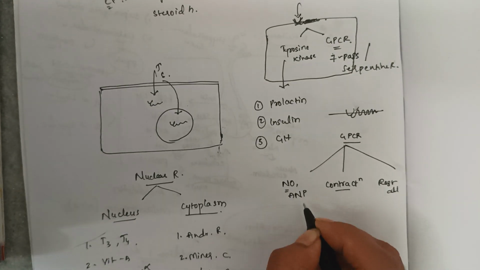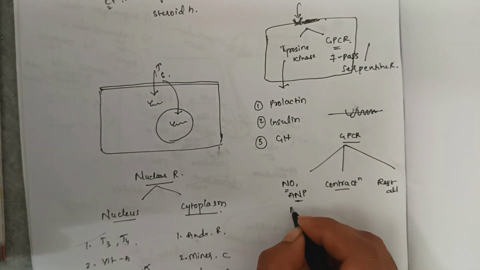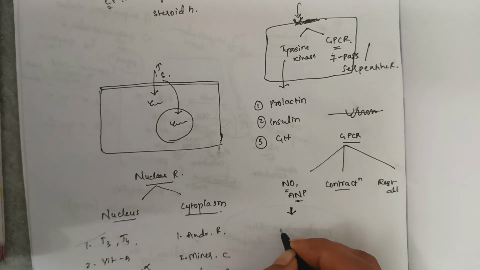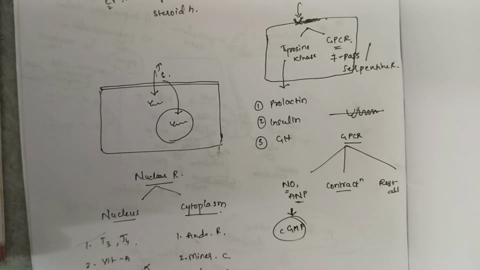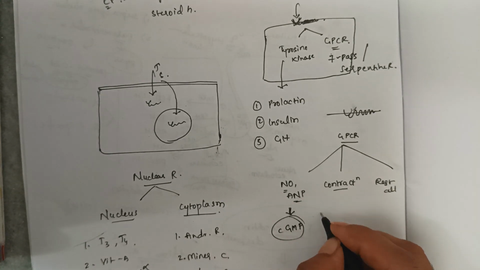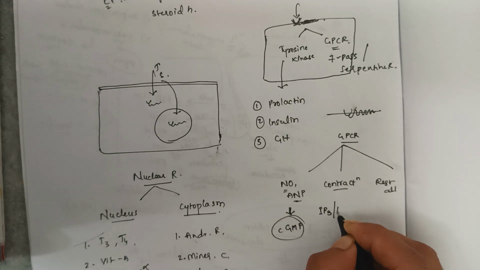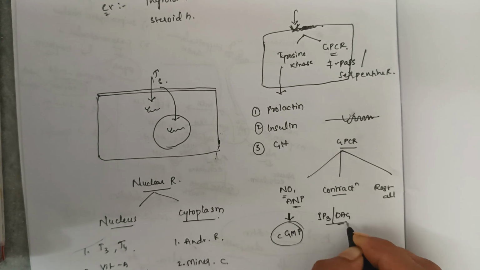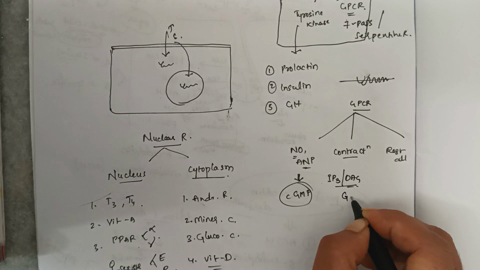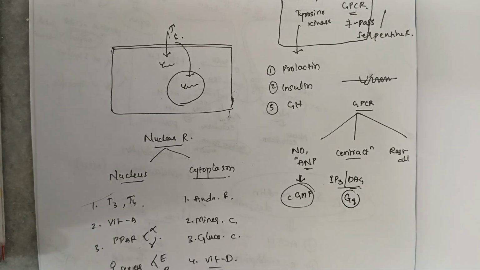Via nitric oxide and ANP, it stimulates cyclic GMP. It increases cyclic GMP through some mechanisms and causes production of nitric oxide and ANP and causes the effect. Whereas by contraction, it produces IP3 or DAG like secondary messengers with the help of the Gq subtype.